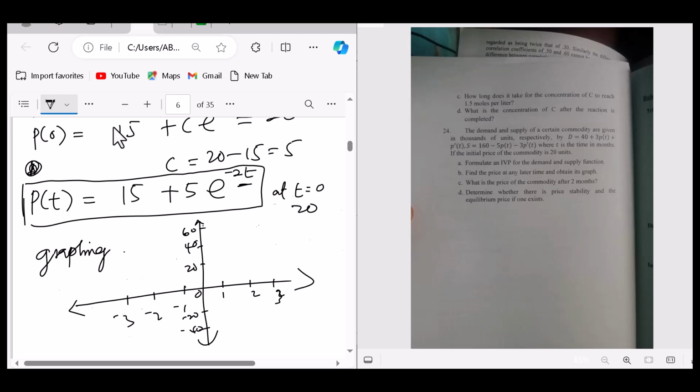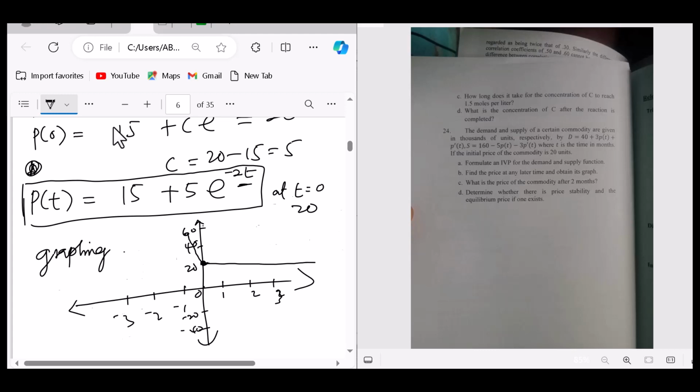At t equals 0, we have a point here. Now at t equals 1, it will not go beyond that, so we will have a graph that looks like this.